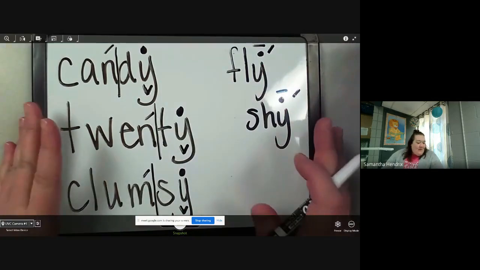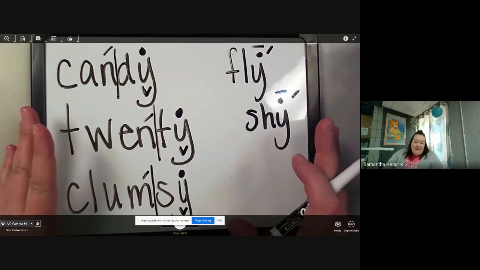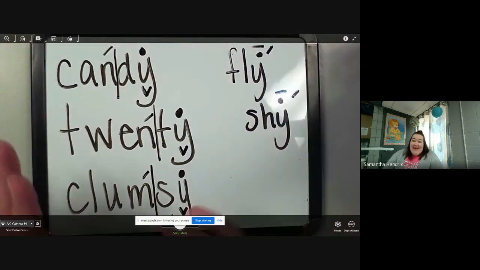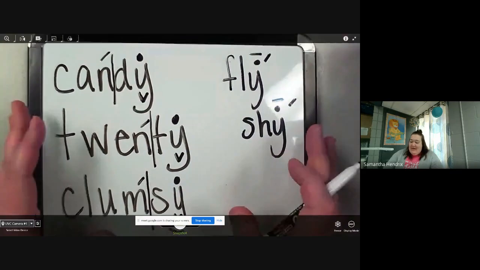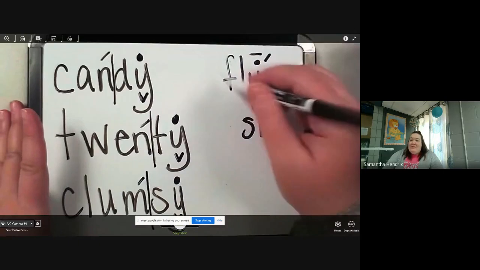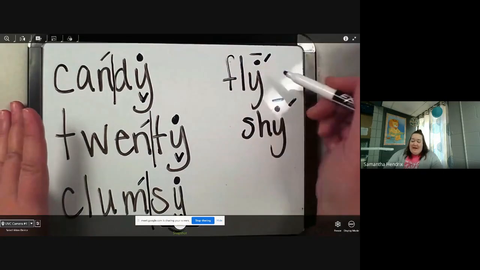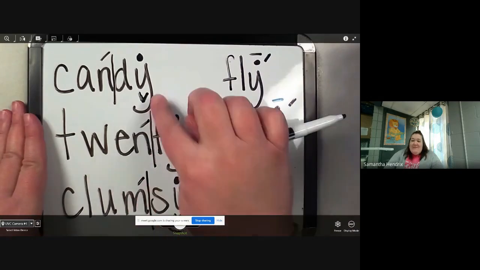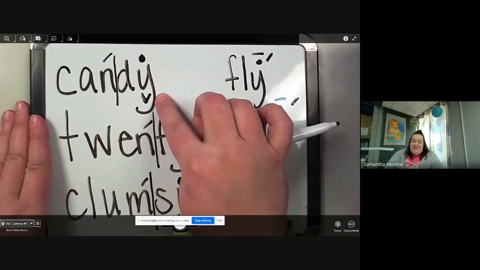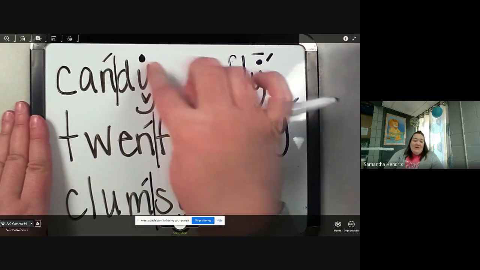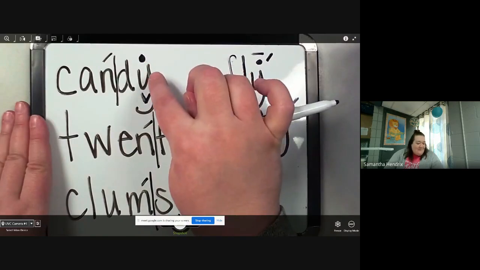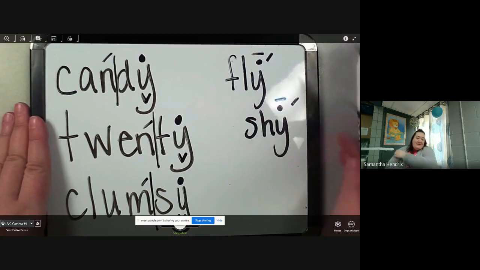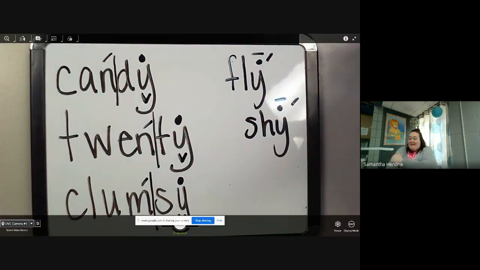So if you see a vowel Y and you don't know where the accent is, okay, we know that if it's a 1-syllable word, it's going to be an I. But if you see a more than 1-syllable word and you see a vowel Y and you don't know if the accent is here or here, try both sounds and see which one sounds right. And that'll tell you where to put the accent.